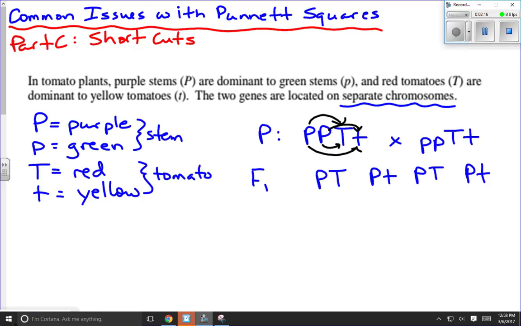And doing the same thing for the other parent, we go first P with first T, outside P with outside T, inside P with inside T, and last P with last T. And we would end up with little p big T, little p little t, little p big T, little p little t.